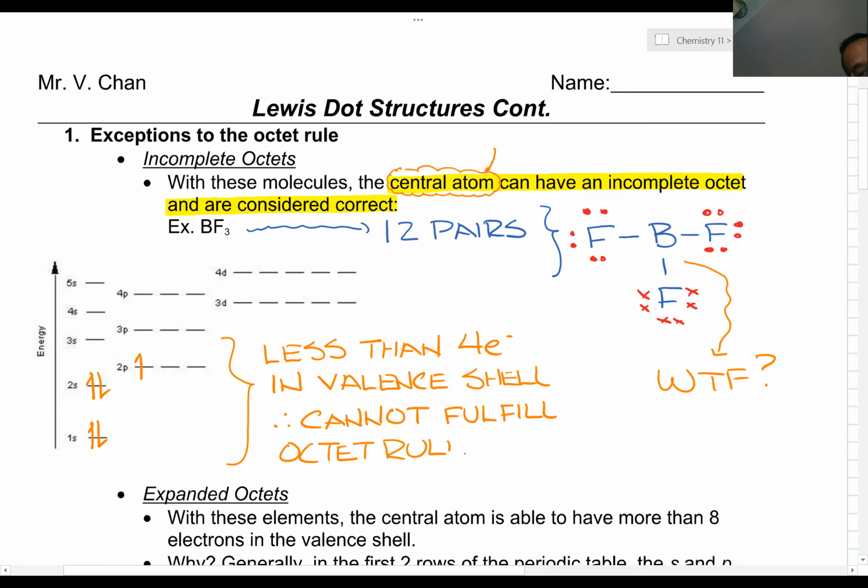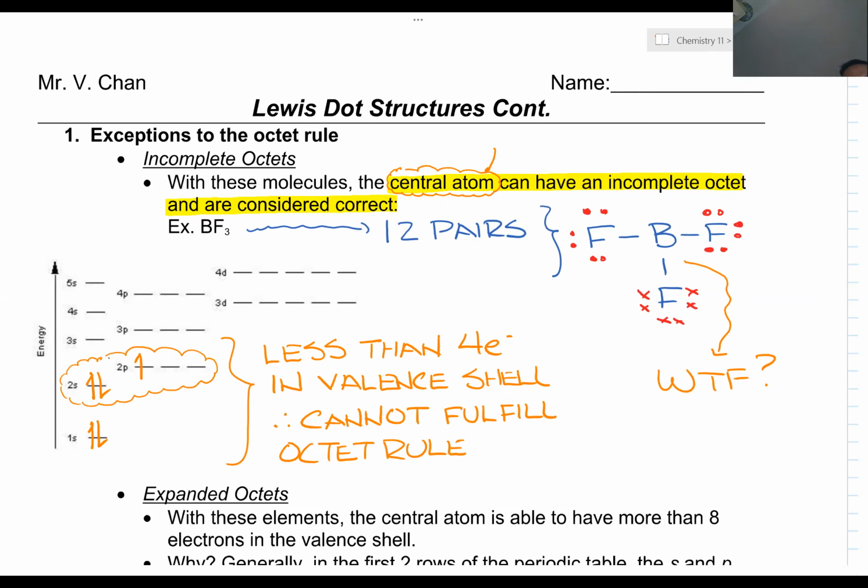Okay? Because there are only 3 valence electrons in the outermost shell, it doesn't have the magic number of 4, and so as a result, it cannot have a full 8 electrons.